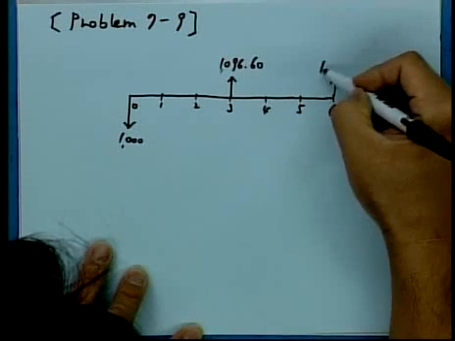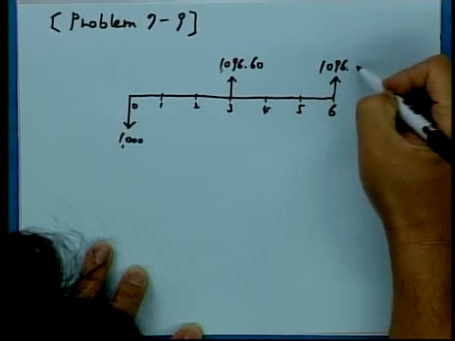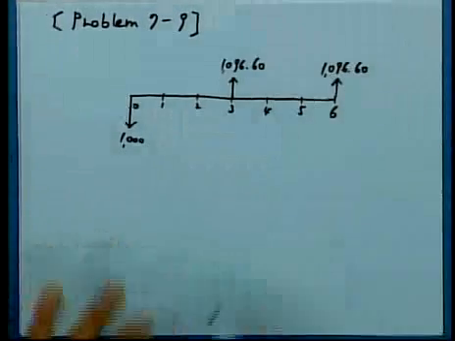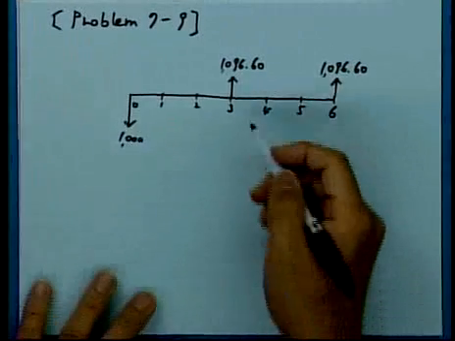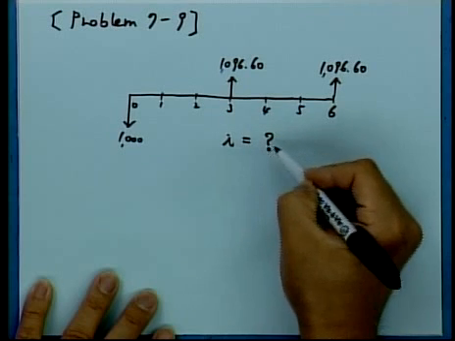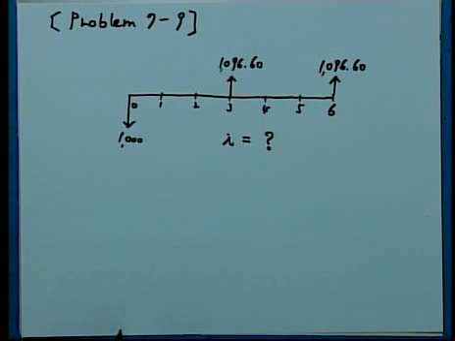There is another $1,094.60. Okay, and you want to know the internal rate of return for this cash flow.